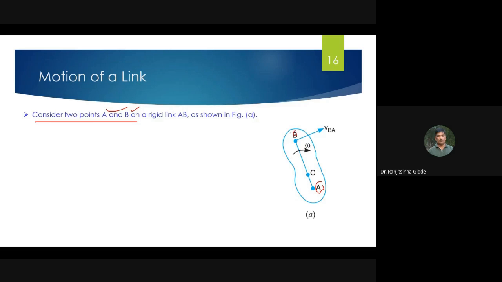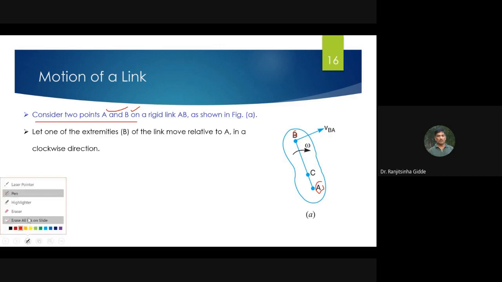Then this point B is one of the extreme points on the link, and it will move relative to A. So this is A, and what is shown here, there is some angular velocity omega.